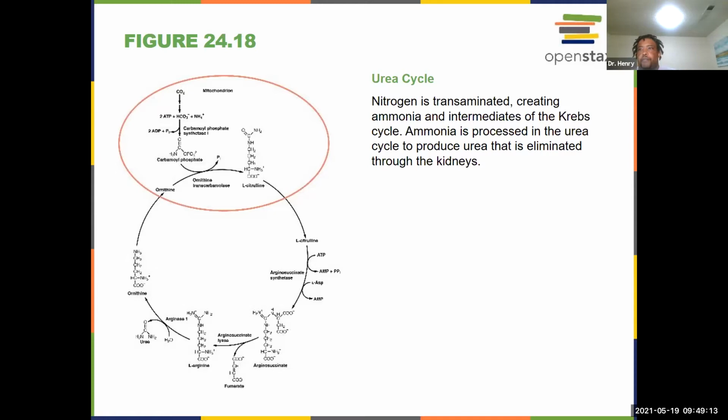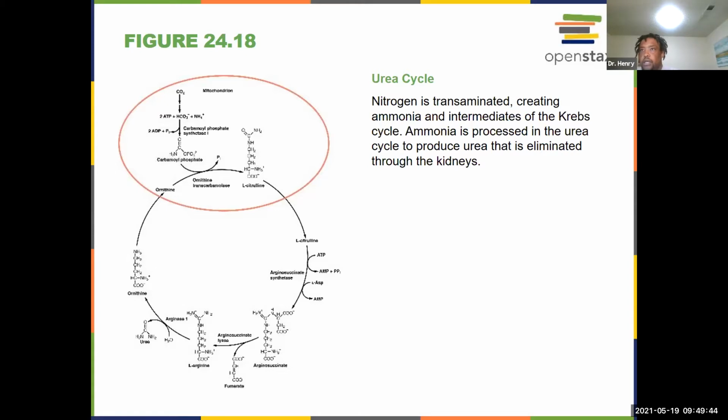So if you take a look at this, this is kind of wrong in the book. Okay, so in the mitochondria, we have CO2. CO2 is going to take the ammonia and make ammonium, so you're going to be doing some transfer of that hydrogen ion.